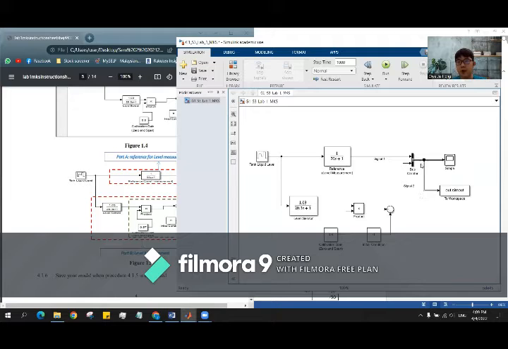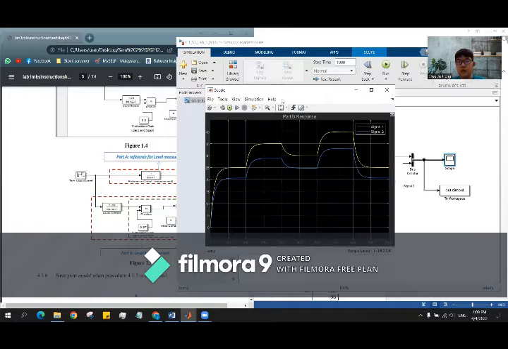Signal 1 and signal 2 will go through the bus creator and output to a scope and to a workspace in order to analyze the results for our lab. This is the sample result for our part A.